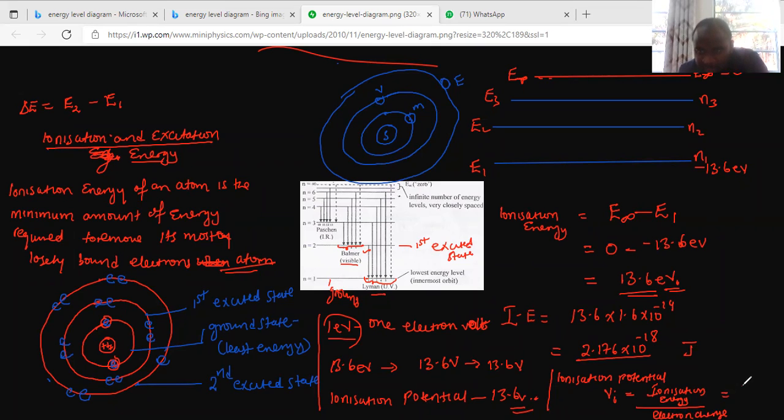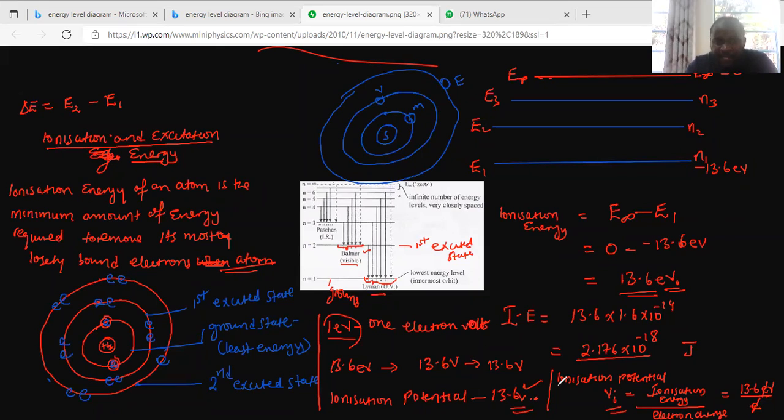It is from here that you see that with the 13.6 eV we had before, if I divide it by the electronic charge, I will get the ionization potential, which is 13.6. So if you want to get it mathematically, you can arrive at it from here. But if you wanted to explain using science, you'd have said that since one electronic charge passing through one volt is 1 electron volt, and we have 13.6 electron volts, then it means the electron would have gone through a PD of 13.6. Thus, the 13.6 becomes our ionization potential. So that is the first case.